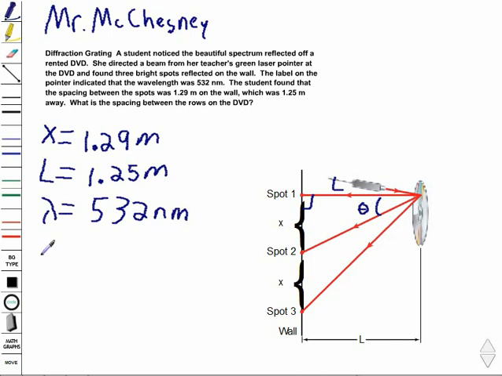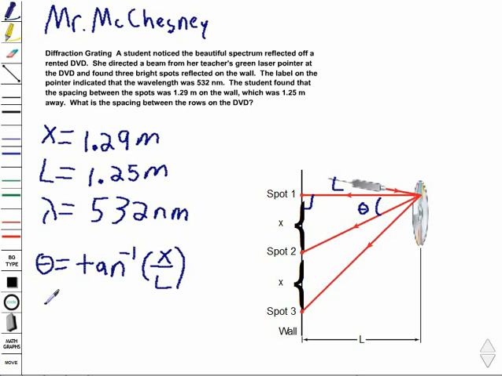So in order to find that angle with a right triangle, we're going to use the first bright spot there, and since we've got the two sides opposite and adjacent of the triangle, we're going to use the inverse tangent function, which on your graphing calculator would normally be something like second tangent. So that is the opposite side X divided by the adjacent side L.